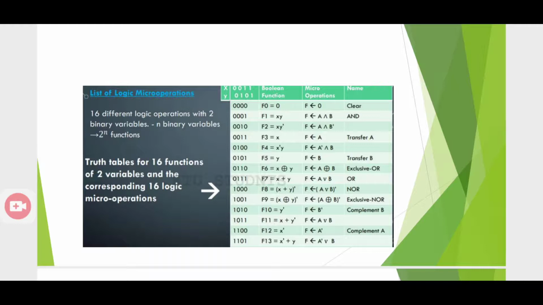A AND B-not is A AND the complement of B. Some of the logical operations are AND, exclusive OR, NOR, exclusive NOR, complement B, complement A, etc. These are examples of logic micro operations.